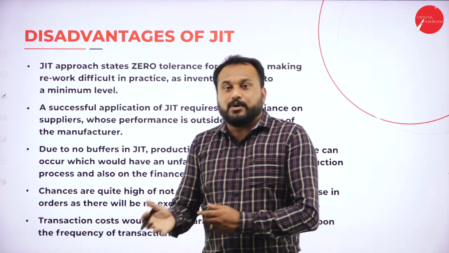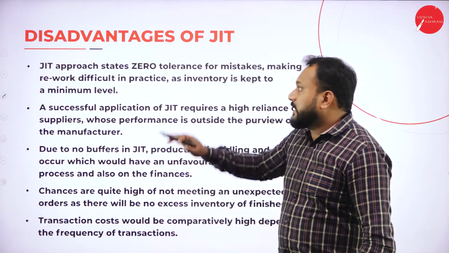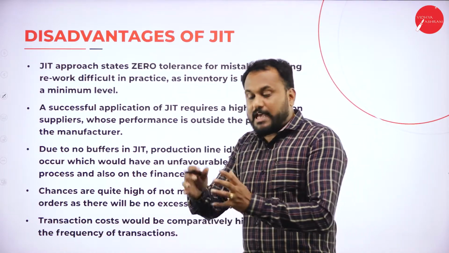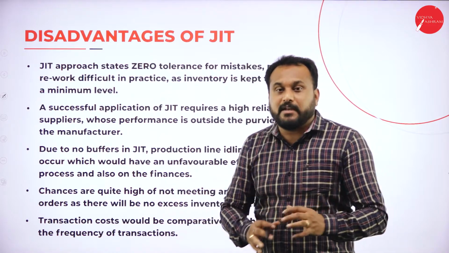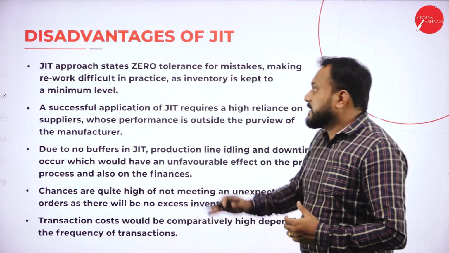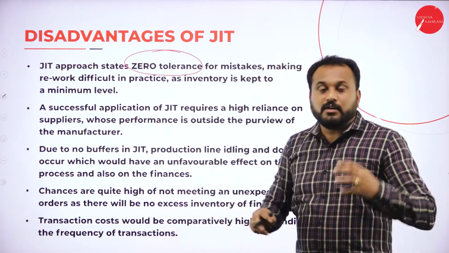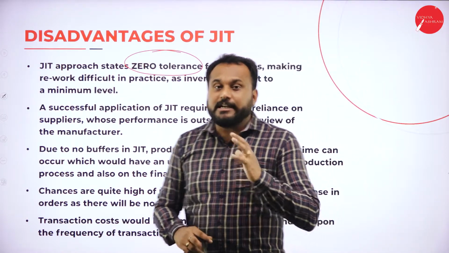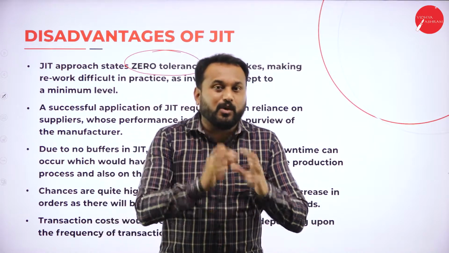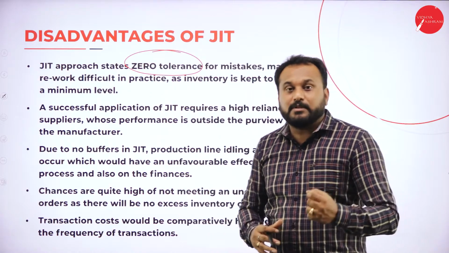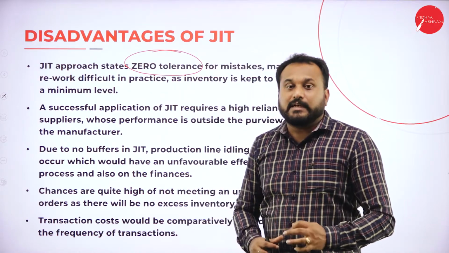Now what are the disadvantages of JIT? When you understand the disadvantage, you will also know that in every aspect we have a boon as well as a bane. So what is the disadvantage? The JIT approach states zero tolerance. When you are going with qualitative products, when you want standards, when all the things are proper, you cannot go with any tolerance.